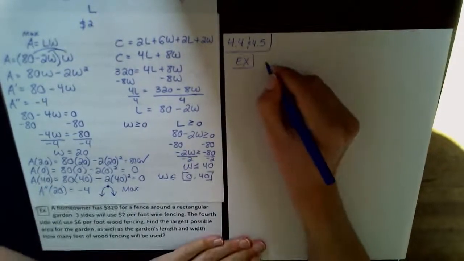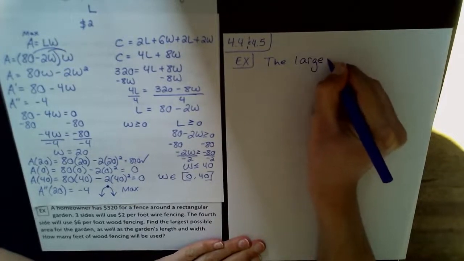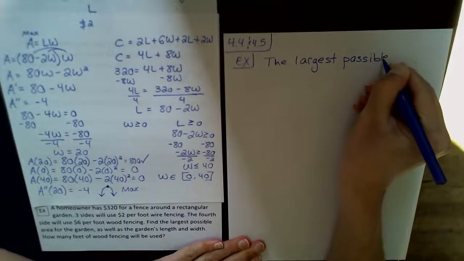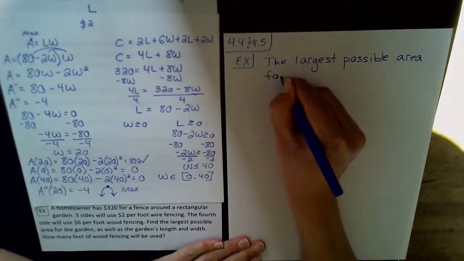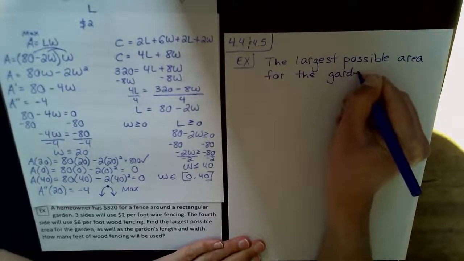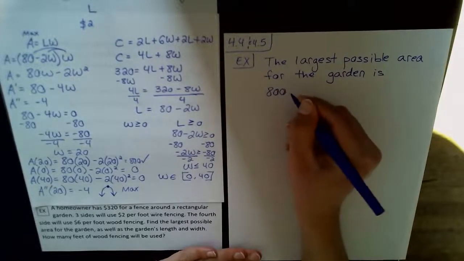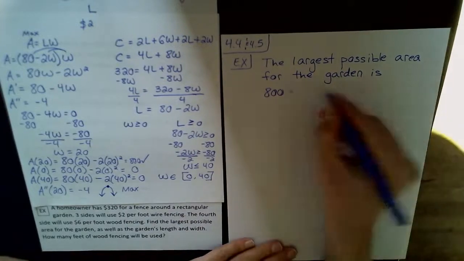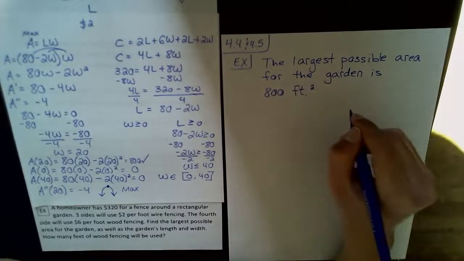Well, the largest possible area for the garden is 800, and remember our units were feet, so it is 800 feet squared, or square feet.